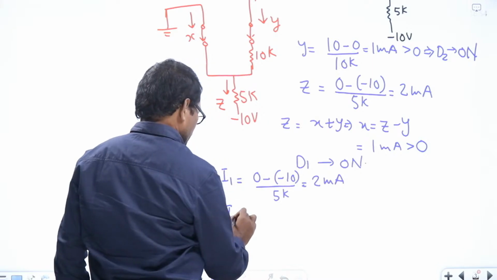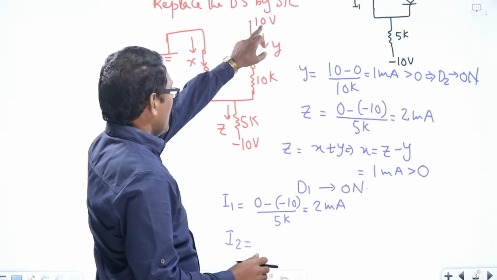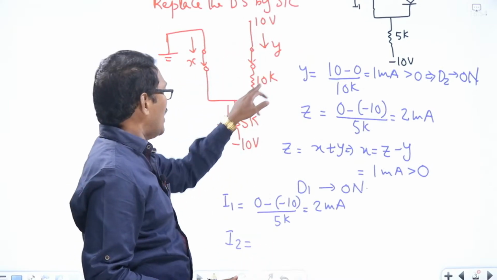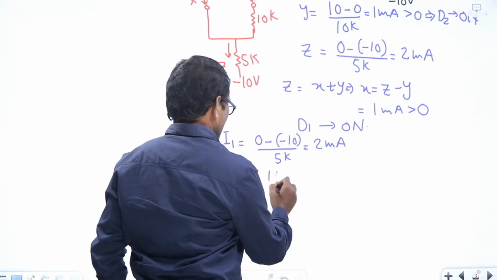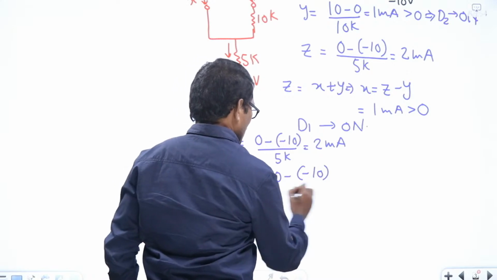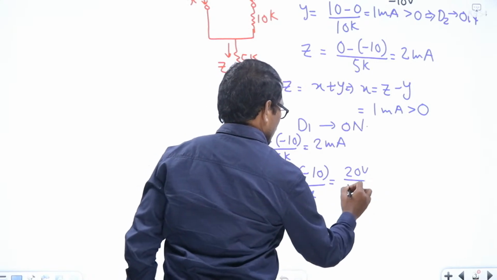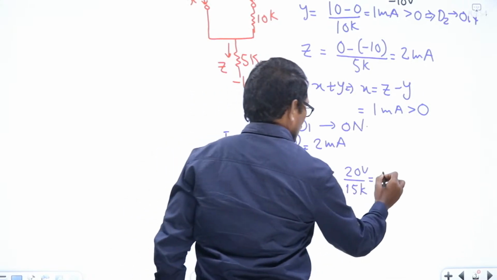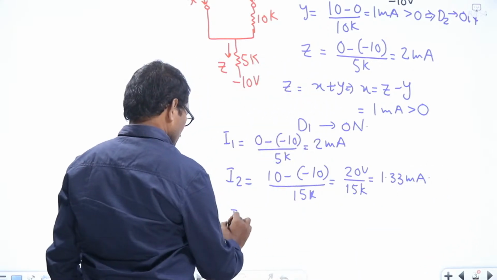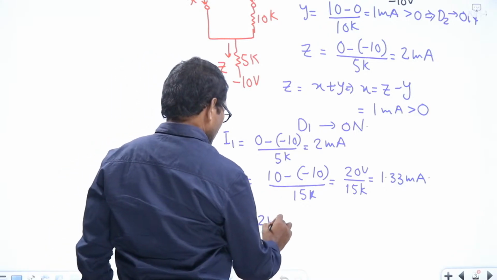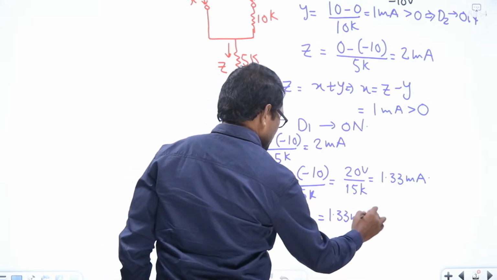And I2 is equal to 10 minus of minus 10 by 15K, that is 20 volts by 15K, that is 1.33 milliamperes. Therefore, I1 is equal to 2 milliamperes and I2 is equal to 1.33 milliamperes.